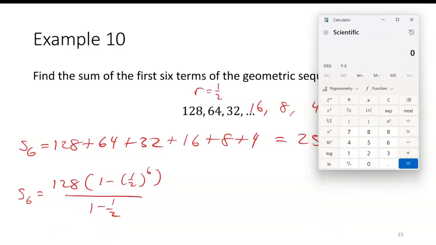So if I put that in, 128 times 1 minus 1/2 to the 6. All right, and then divide by 1 minus 1/2. And I get 252 again.